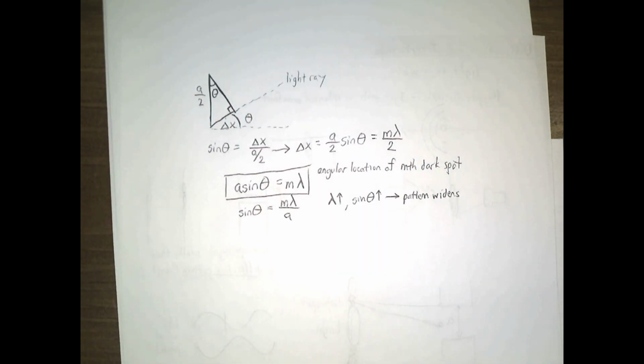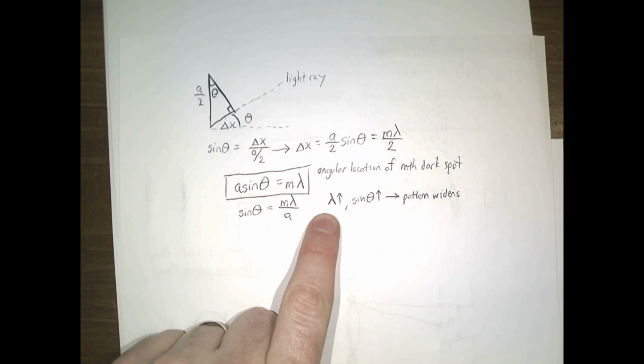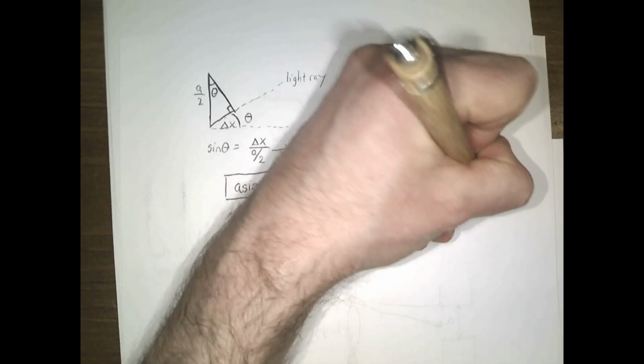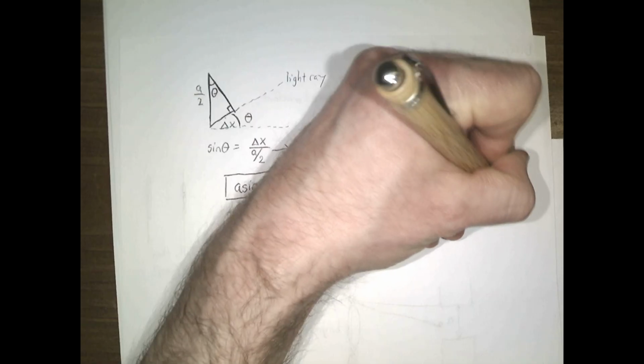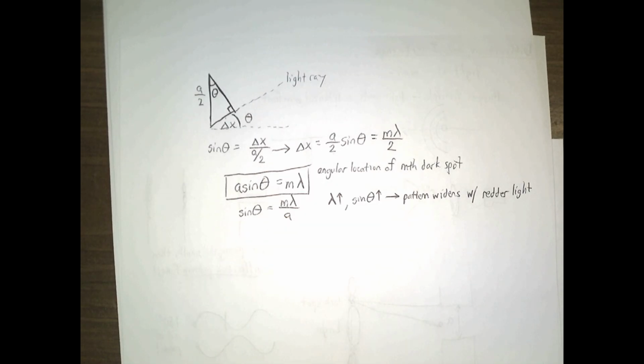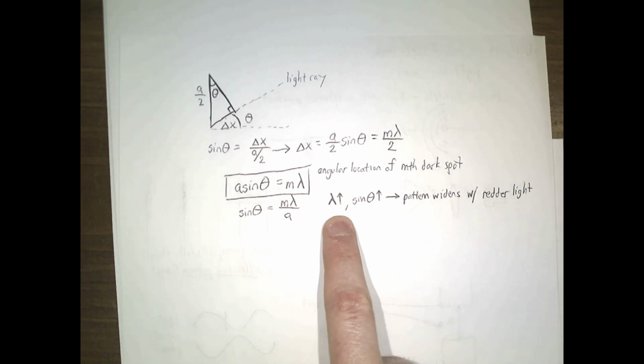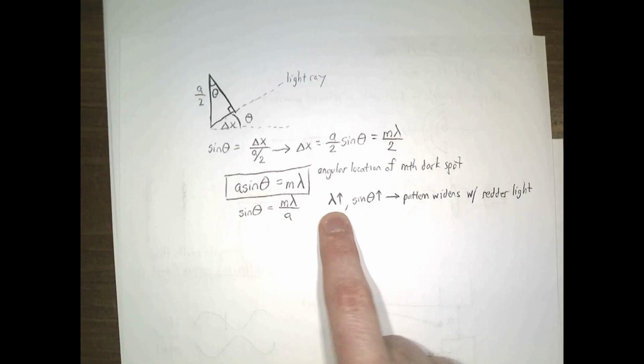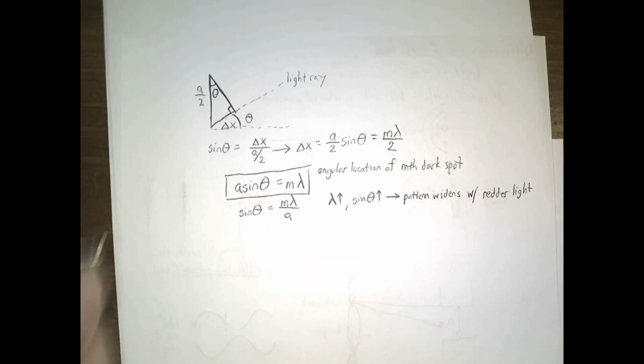We would find those dark spots further away from the center if we use larger wavelength light. So we can say the pattern widens with redder light. We think of longer wavelength light as being like the red light on the visible part of the spectrum. But if we were to somehow do diffraction with infrared, that would widen the pattern even more than if we did it with any kind of visible light. So longer wavelength is going to widen the pattern.